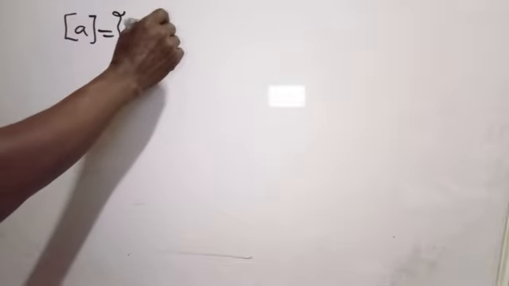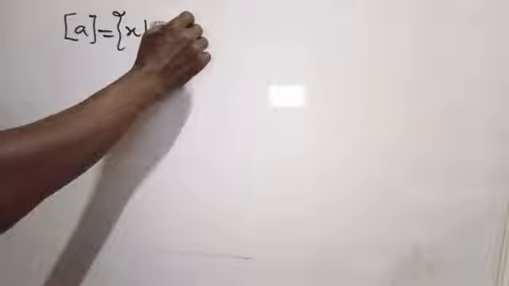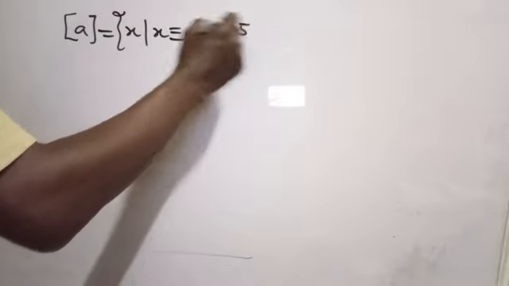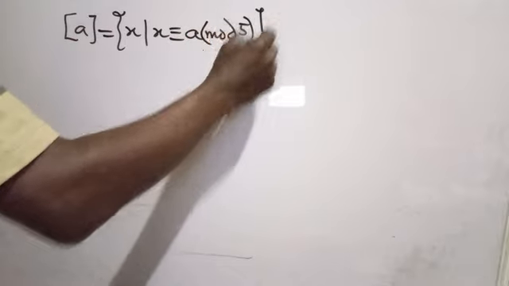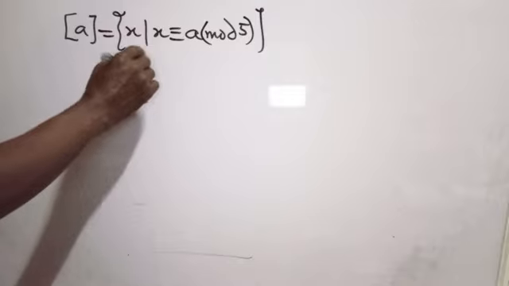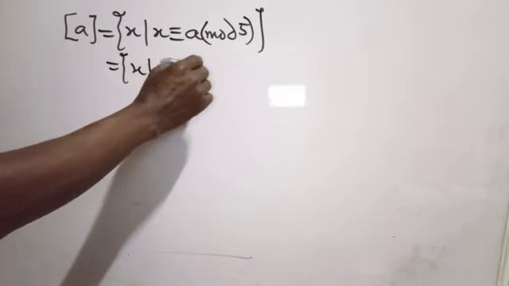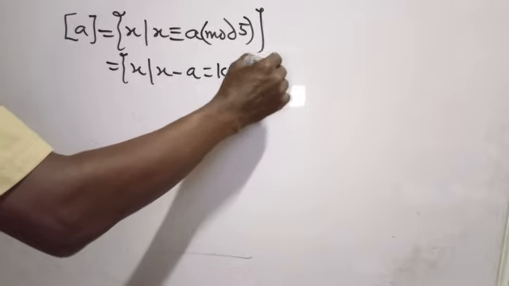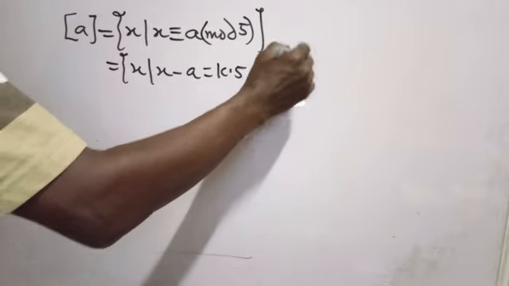The class of A is a set of X such that X congruent A mod 5. An equivalence class is a set, which can be defined further as X such that X minus A equals K dot 5, where K is an integer. Don't forget that.